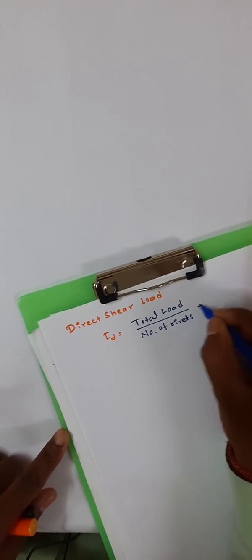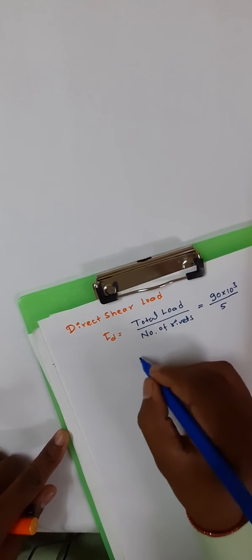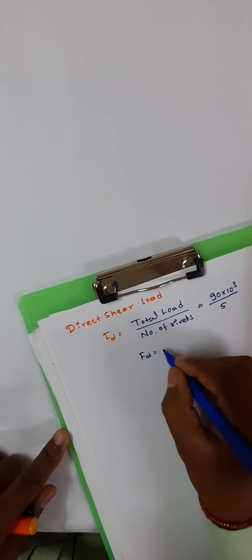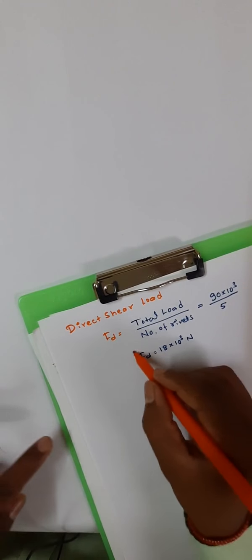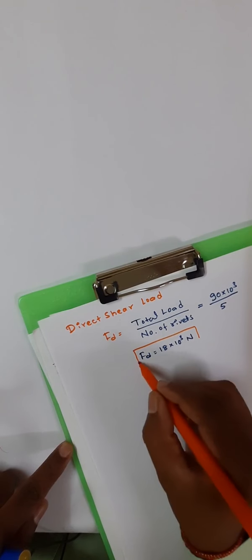Here the total load is 90 kilonewton, so 90 into 10 to the power 3 newtons divided by the number of rivets, which is 5. If you simplify this, FD we will get 18 into 10 to the power 3 newtons.